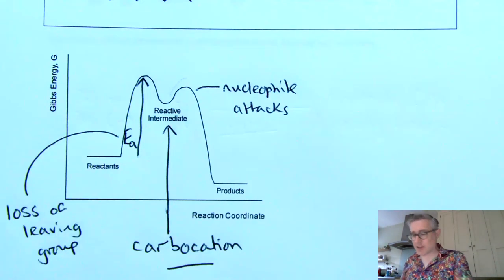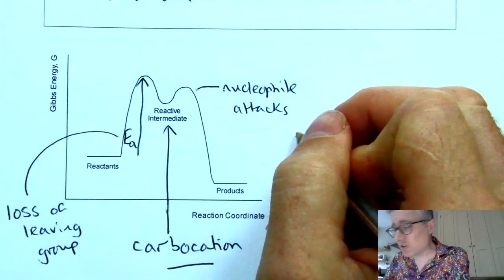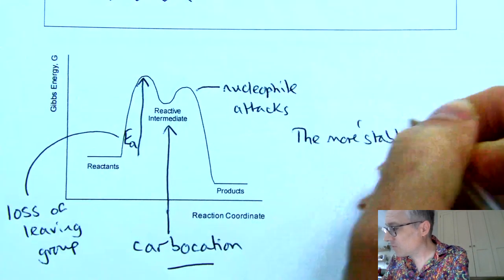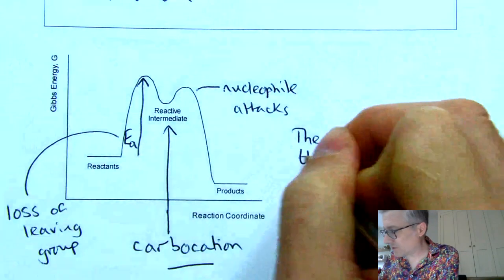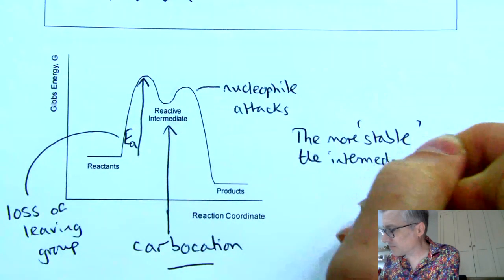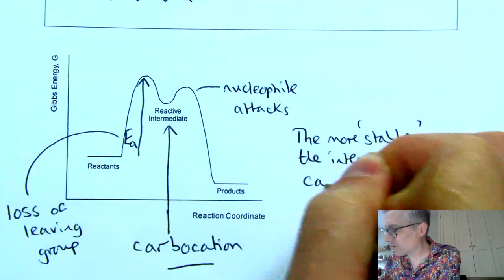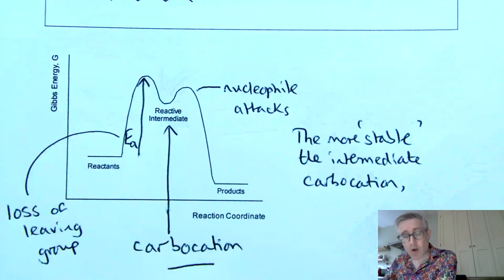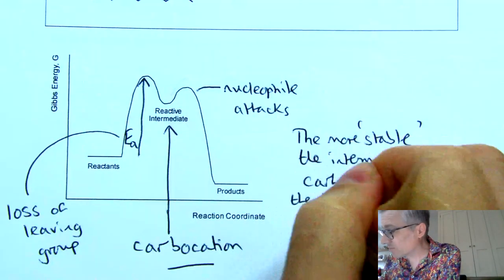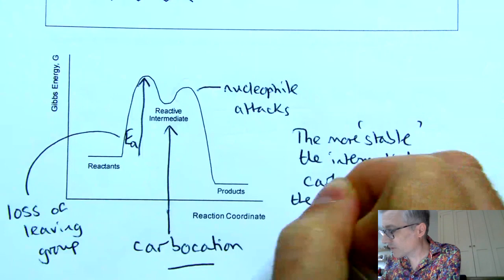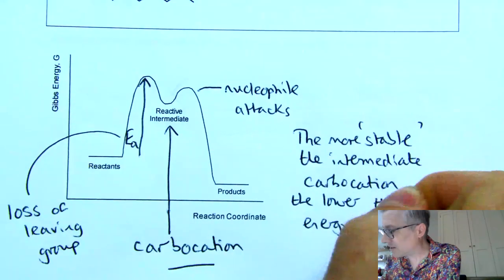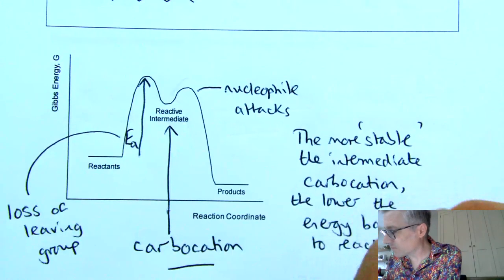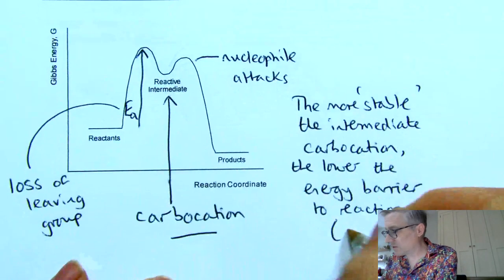And if we think about this energy profile, we've said this a few times in this course, the more stable the intermediate carbocation, the lower the energy barrier to reaction.